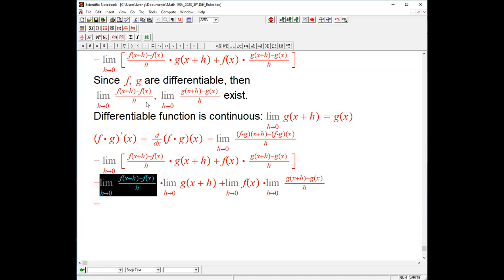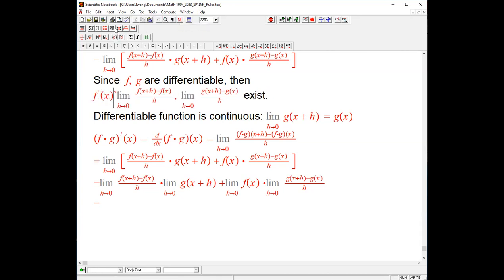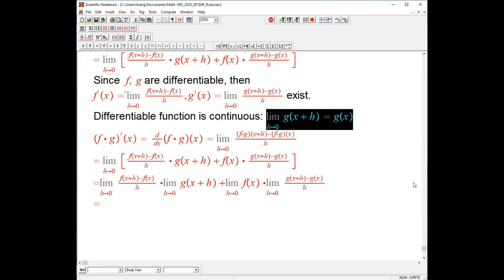This limit, we can write it down here: f prime of x, and that's g prime of x. Also applying that a differentiable function is continuous, so that replaces that limit.